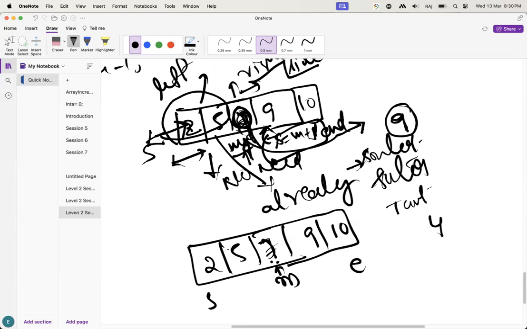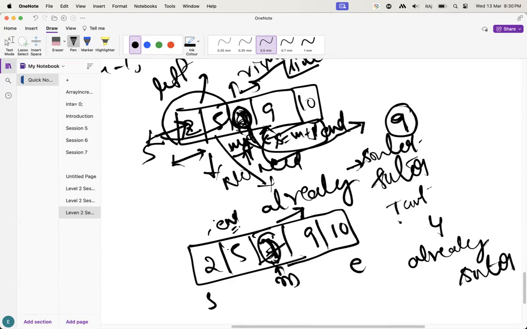This middle value is greater than the target value. Then what is the use of checking the right side of these elements? No need. Why? Because this is already a sorted array, and the middle element is already greater than the target element. So that's why the end is supposed to be mid minus 1, because the element will be within this range only. Guys, do you understand this one? I hope it is clear.